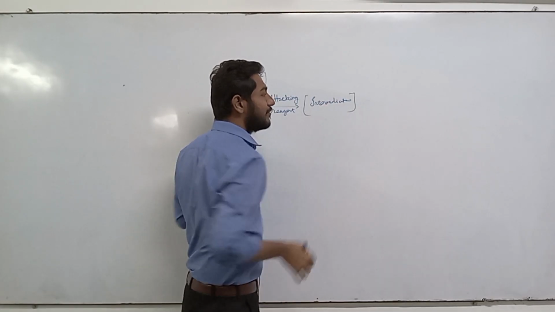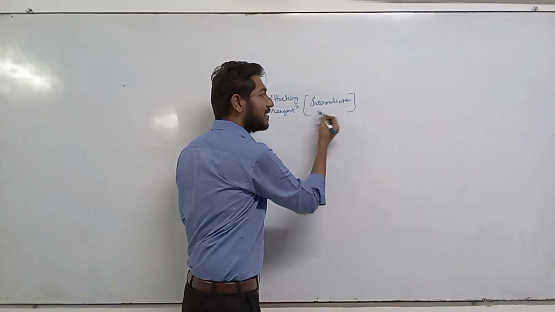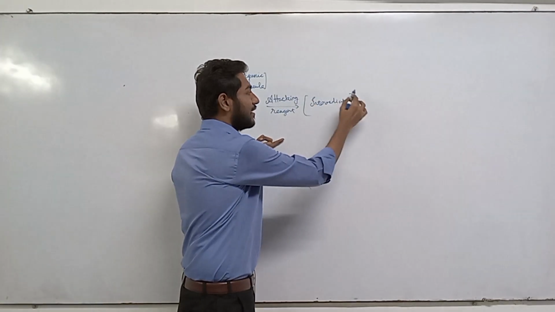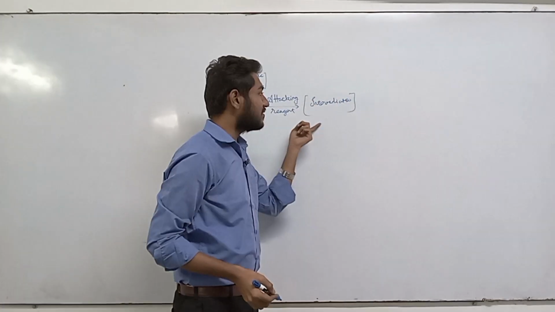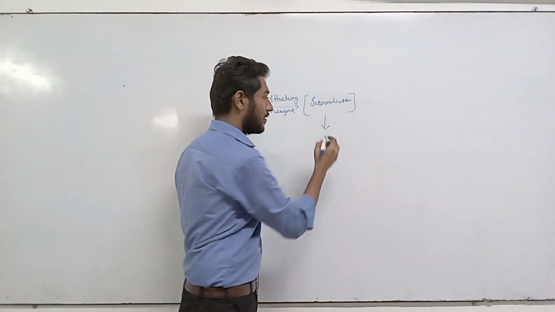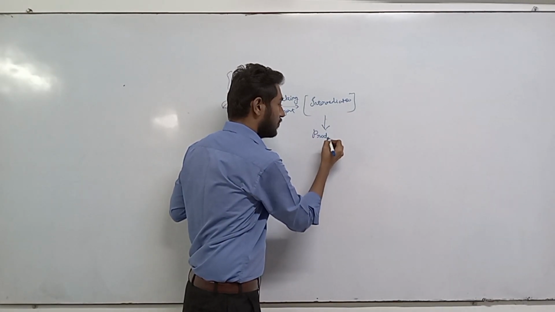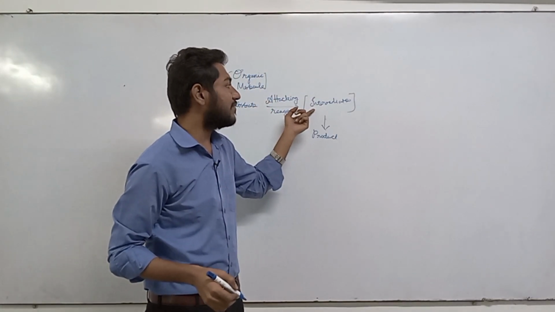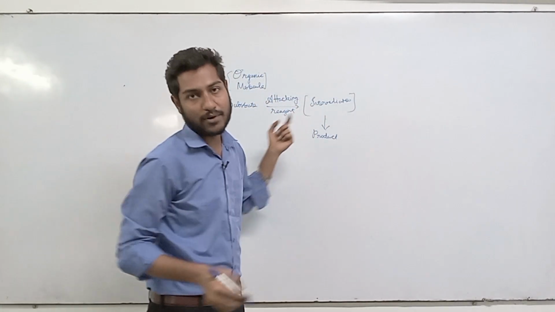What is a reactive intermediate? This is not a stable product; it is an unstable product. That is why we put it in square brackets. Again, it will change into the product.